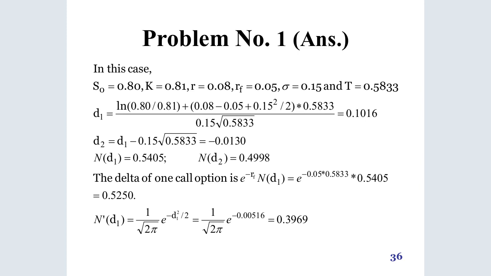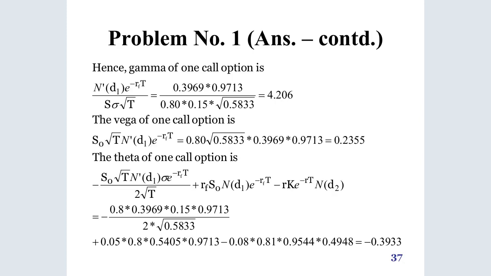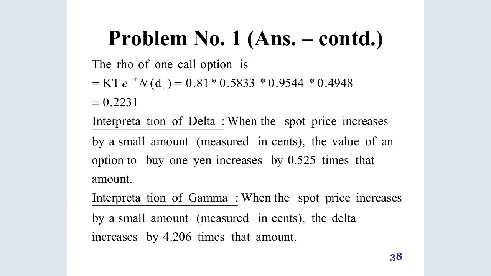D1 I have calculated, and 2 pi I know, so I can solve this equation and find N prime D1. Once I know that, I can plug it in and get the gamma of one call option. Similarly, I can plug in all of that and calculate the vega, the theta, and the rho for each one of them.